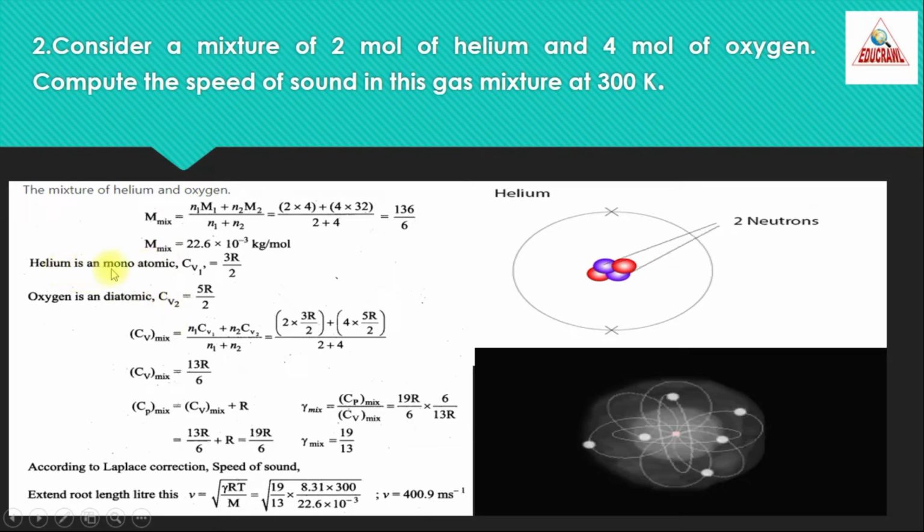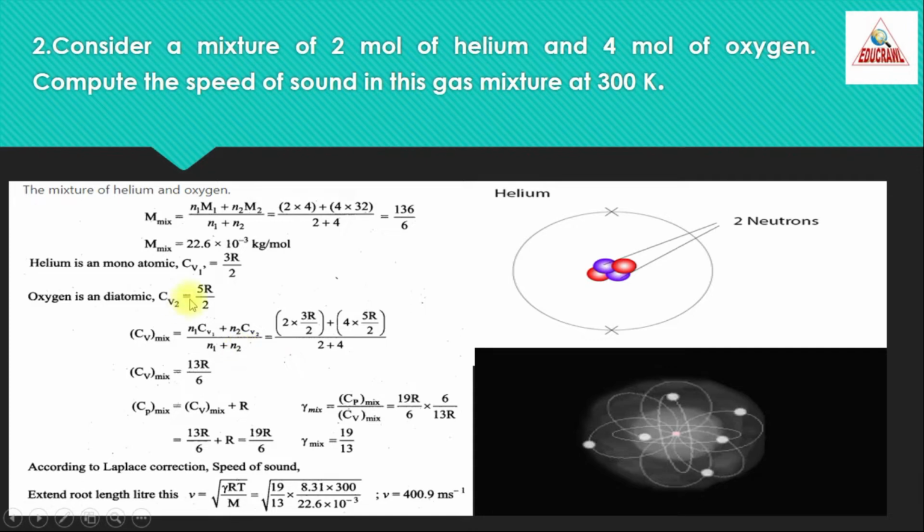We know that helium is monoatomic, so the Cv value is equal to 3R divided by 2. Similarly, oxygen is diatomic, so Cv2 value is equal to 5R divided by 2. So for the mixture, Cv value is given by N1Cv1 plus N2Cv2 divided by N1 plus N2.